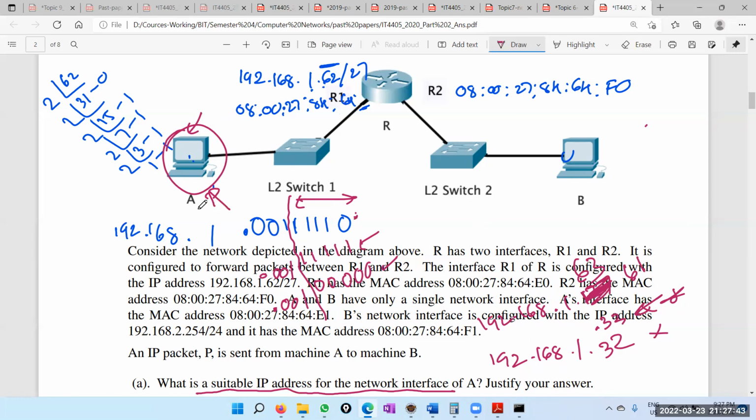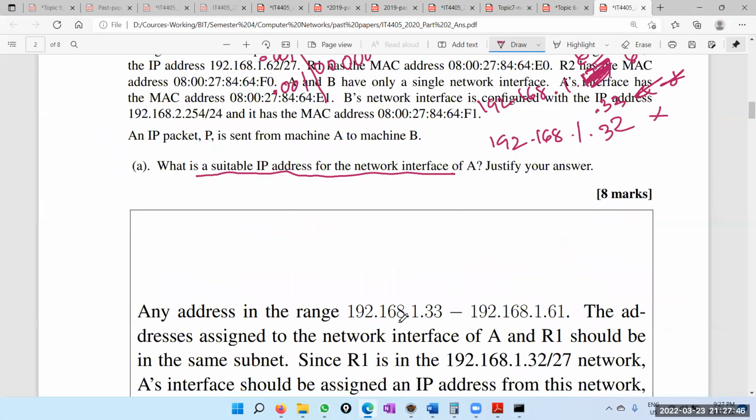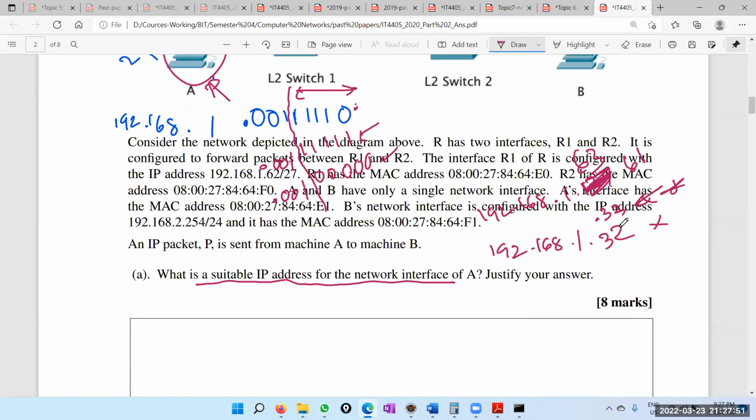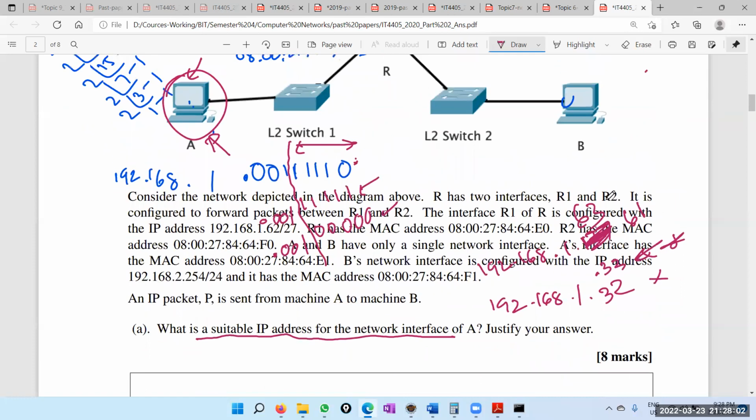Let's double check the answer. Yes, 33 to 61. So why 33? 32 is your subnet ID. And 1, 2, 4, 8, 16, 32, 64, 64 minus 1, 63 is broadcast.